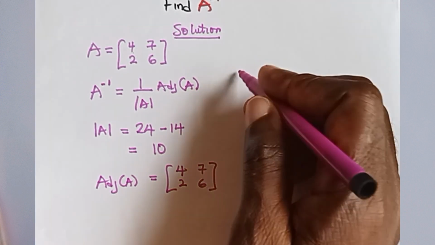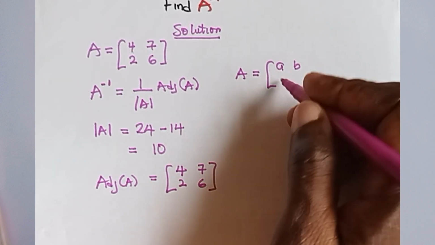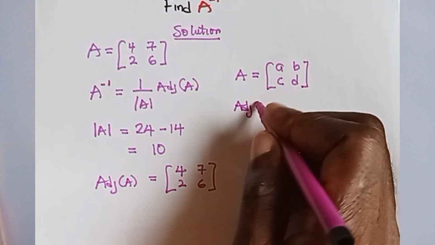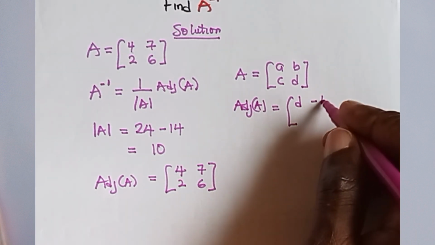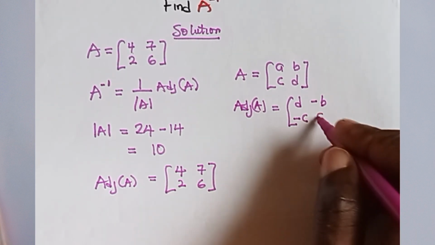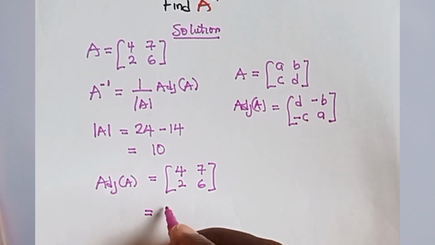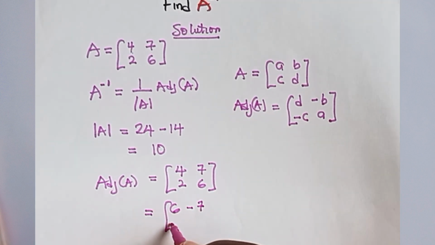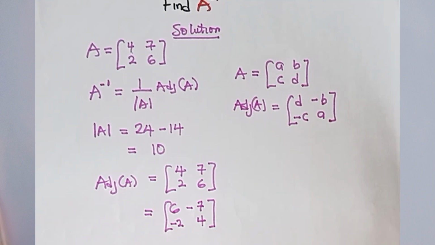Don't forget that if A equals a, b, c, d, then the adjoint of A will give us d, minus b, minus c, a. So now the adjoint of A, what do we have? We have 6, minus 7, minus 2, and we have 4. That gives the adjoint of A.